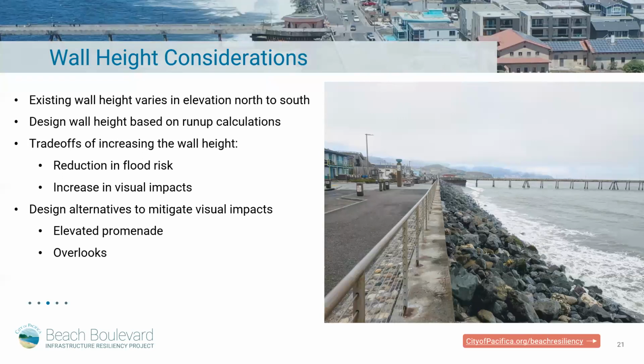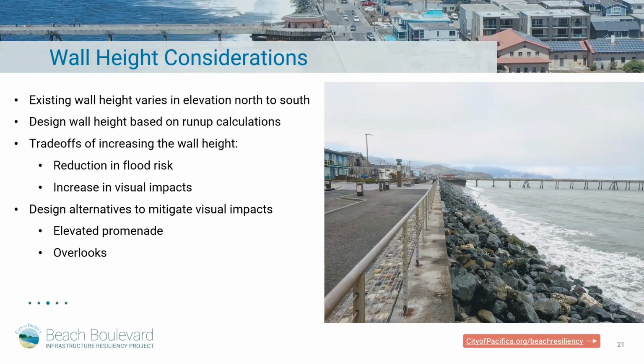As you increase the height of the wall, you're going to reduce your flood risk, but you'll also impact your visual resources. And so the property owners and people in their cars or walking along the sidewalk could potentially have their views blocked by the seawall if it gets built too high. And so the team is looking at design alternatives to mitigate those visual impacts.